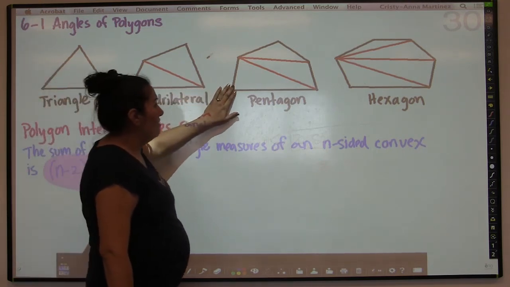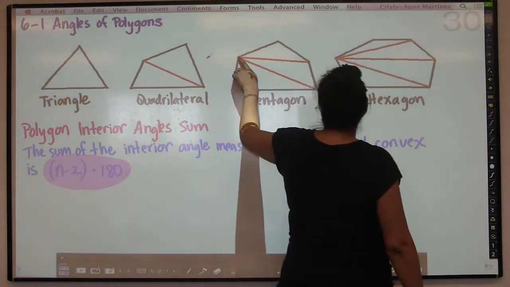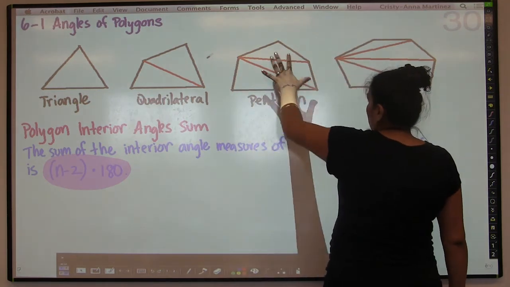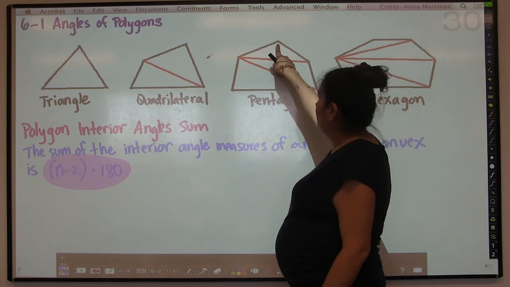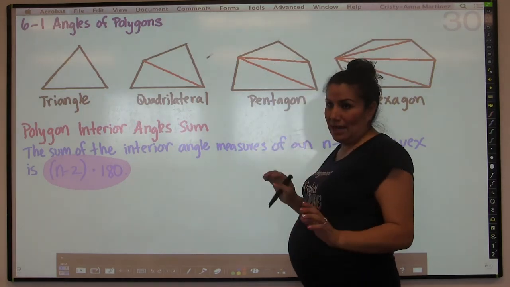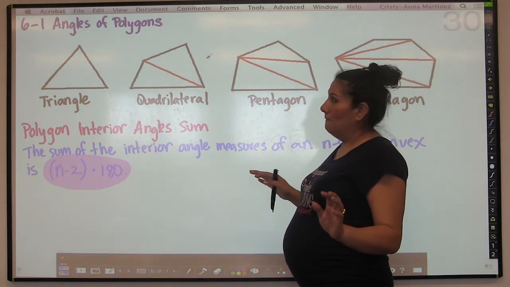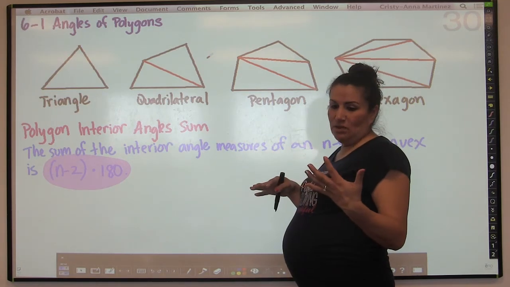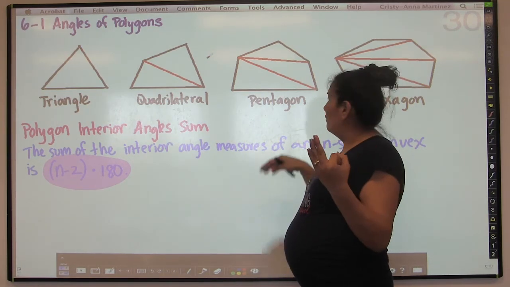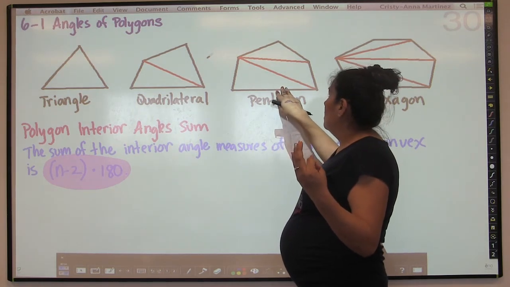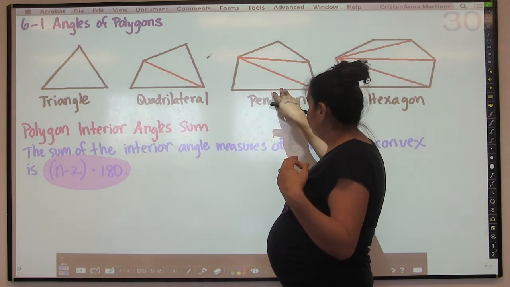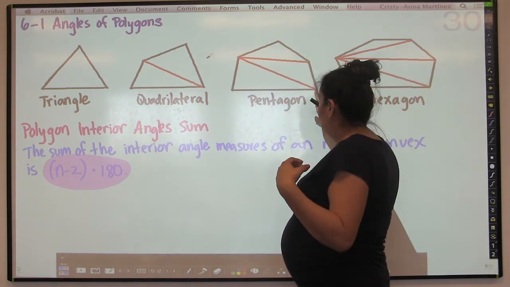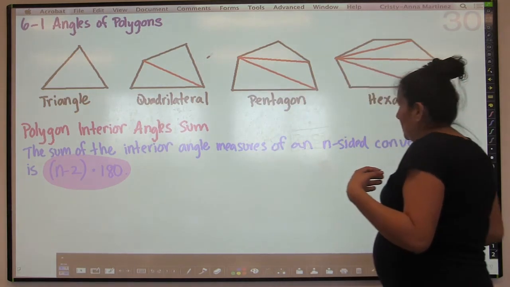A pentagon then has 2 diagonals, as you can see here. Can't connect it there. Can't connect it there. So there are 5 total vertices, but 2 of them are no-go because you can't go right or left to that first consecutive vertex. So if you had 5 to begin with and you take away 2 of them, now you're only left with 3 options to go to. So you can go to that one or to that one for the pentagon.